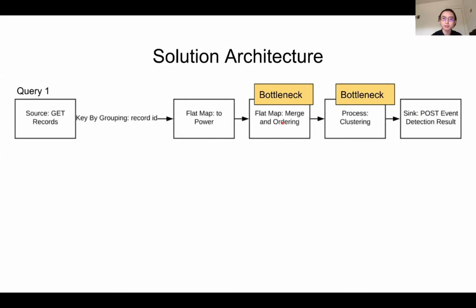You may already see that there are two bottlenecks here. The first one is the merge and ordering step. The problem is that there isn't a good or easy implementation for ordering everything with more than one thread.